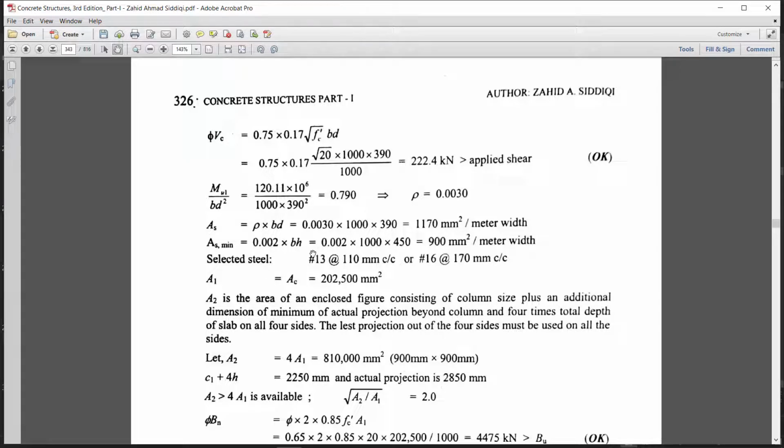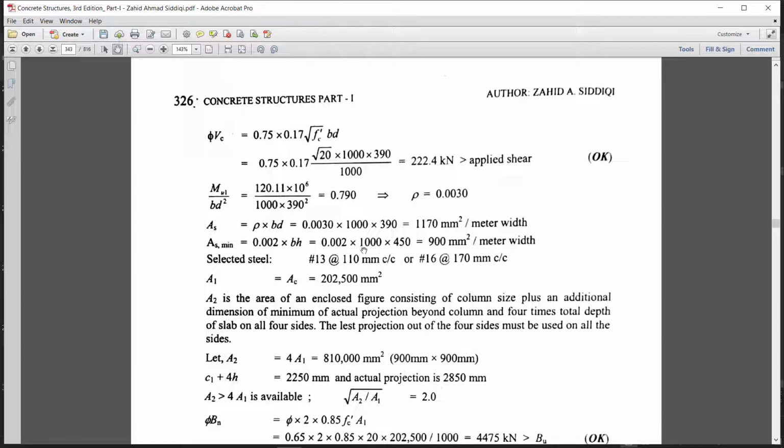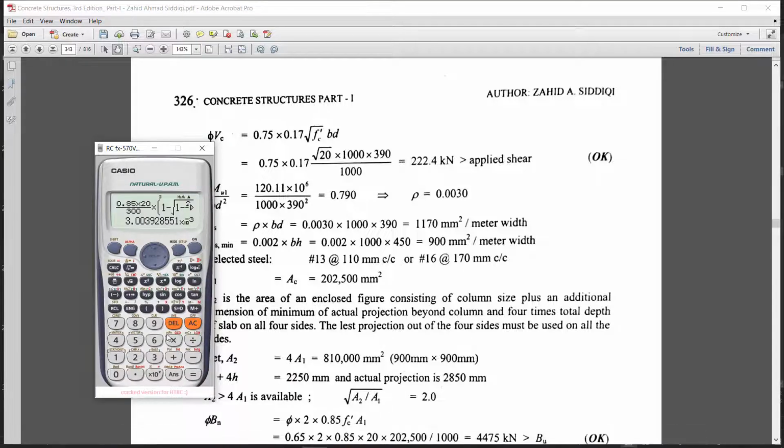Now we will select the spacing. You can again select the number 3 bar, area of bar divided by spacing. The area of bar, number 13, is 129. Area of bar divided by total area, 1170, multiplied by 1000, gives you the spacing.